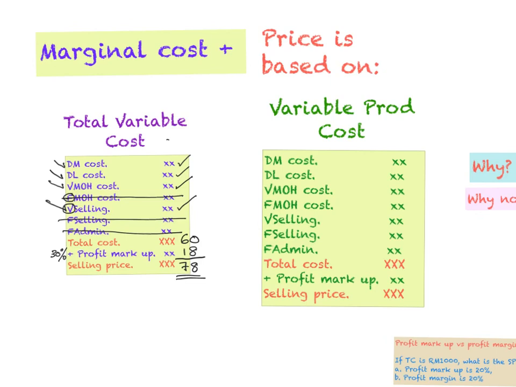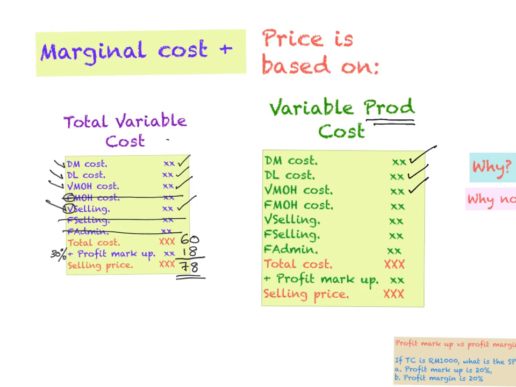Just now we took the total variable cost, but now we just choose variable costs which are related to the production only, and that is going to be the basis for our calculation to set our selling price. Direct material cost, is it production cost? Is it variable? Yes. So we include it.